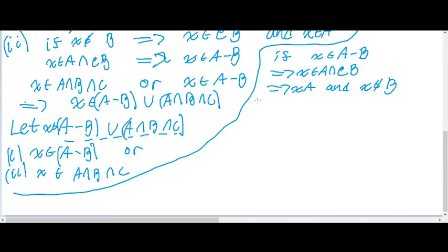We know that if x is not in B, then x is not in B intersect X for any set X. Because in order for x to be in B intersect X, it must be both in B and X. There's a lot of B's going around.